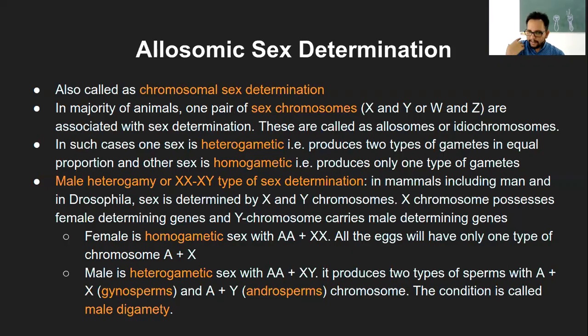That does exist, but the viability of such individuals is very less. It can never be just YY, because then it has not even been fertilized with the gamete with the X chromosome. Are you getting my point?